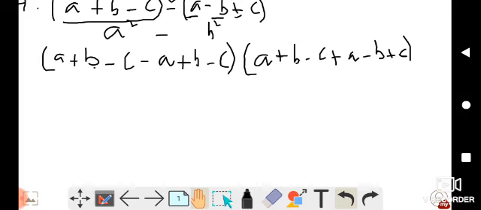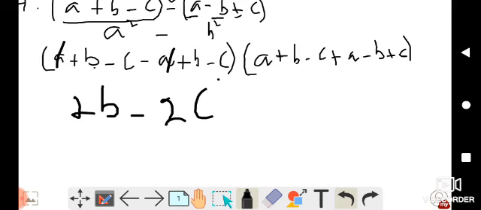Now we see, if terms are subtracting each other, we will subtract. If they are adding each other, we will add these variables. Here is a positive, here is a negative, so we cross a positive, a negative. It is crossed. Here is b positive, here is b positive, so we will add these both. One b is this, one b is this, means 2b. And this c is negative, this c is negative. We can't cut because the sign is the same, so we will add these both: 2c in bracket, right? 2b, 2c.